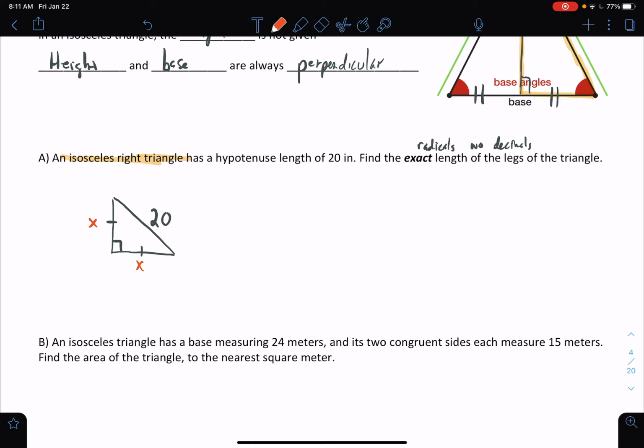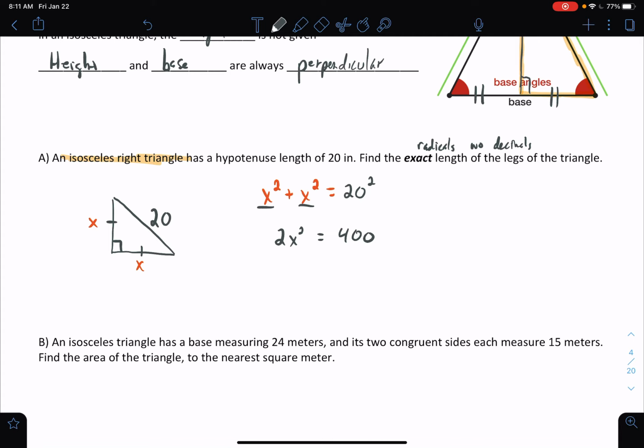They are congruent sides. So if I set this up, we've got x squared plus x squared equals the hypotenuse squared, which is 20 squared. So x squared plus x squared, that is going to give me 2x squared, we can combine like terms, equals 20 squared, which is 400.